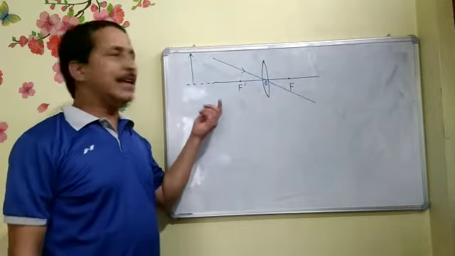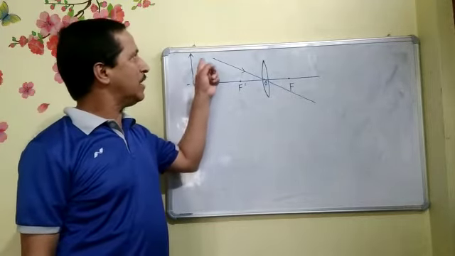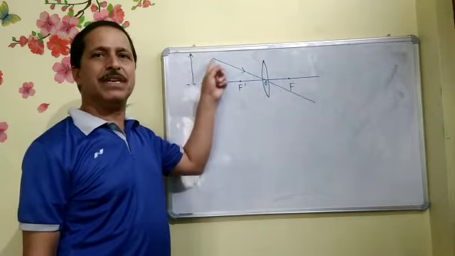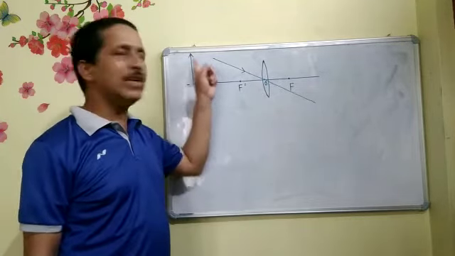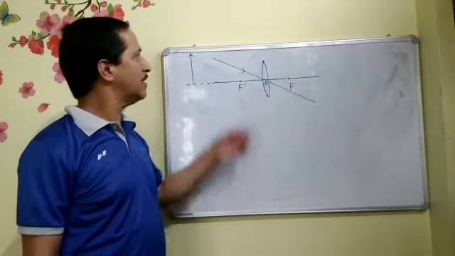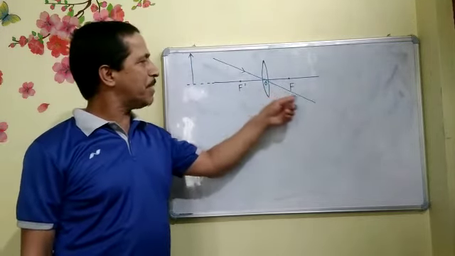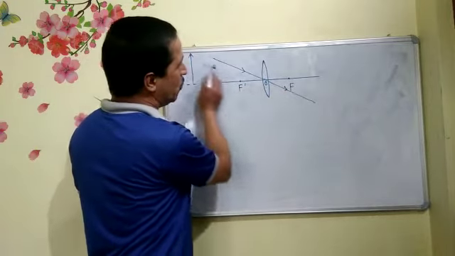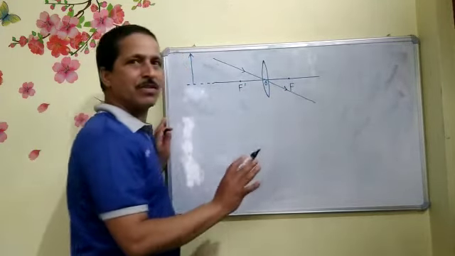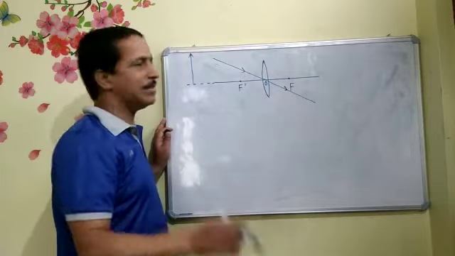For drawing the ray diagram in this case, we will take two rays coming from the tip of the object, and since the object is at infinity, the two rays will be parallel to each other. One of the rays is passing through the optical center and will go undeviated without bending.